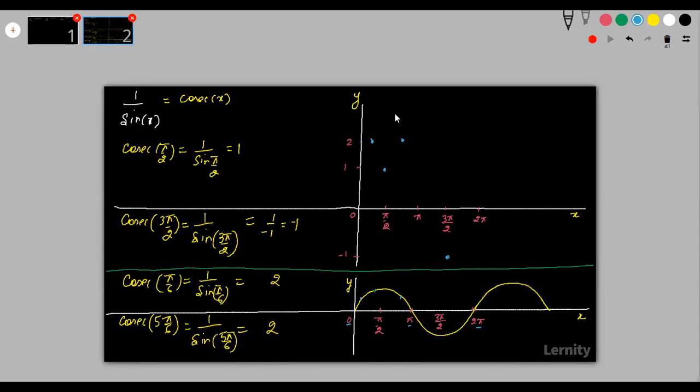Now see, as I move towards 0, this value 1 by sine x, as it approaches 0, will keep on increasing.